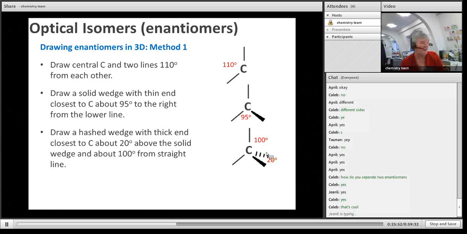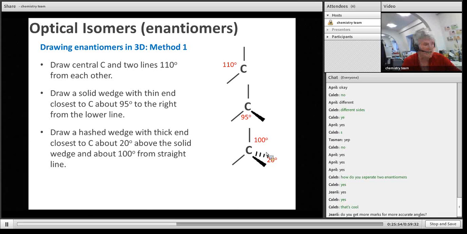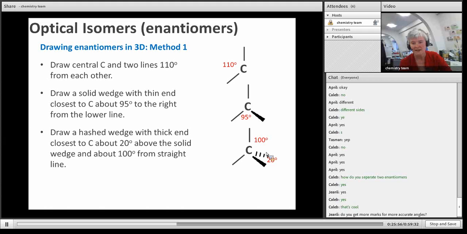I see John Lee's typing there, but that is a way. If the examiner looks at it and can't see the 3D structure because your angles are really weird, you're not going to get excellence. You could still get, I think, up to merit with it, unless it's really bad.